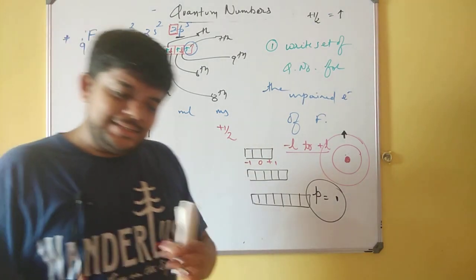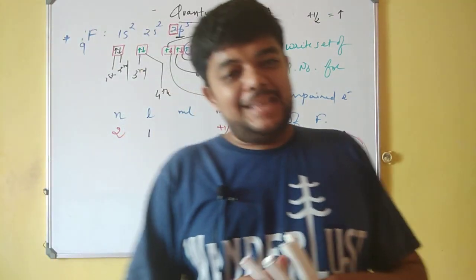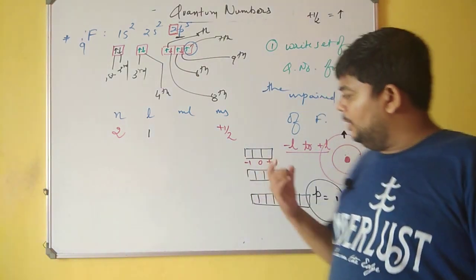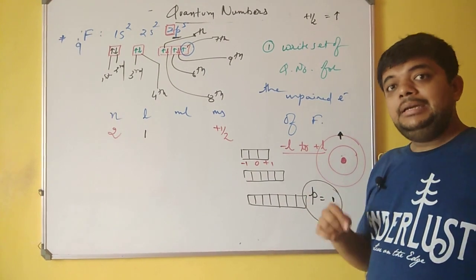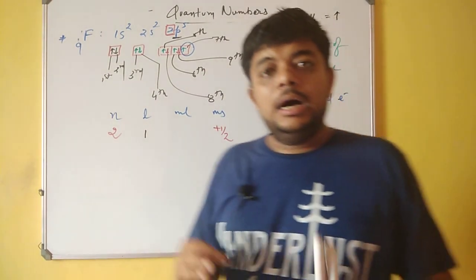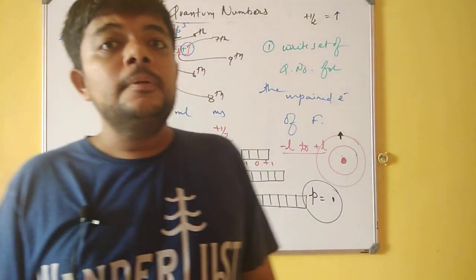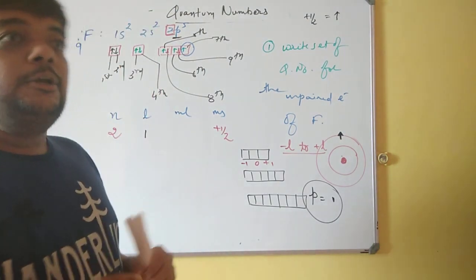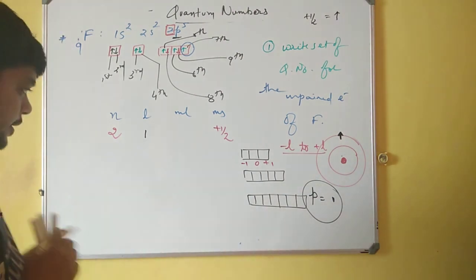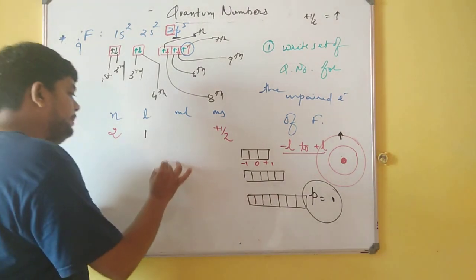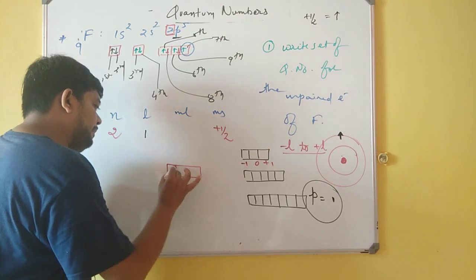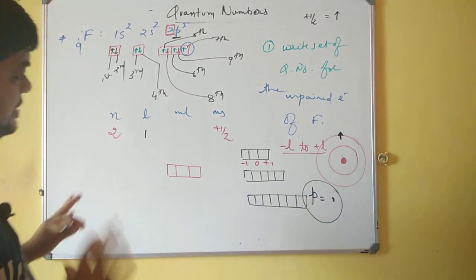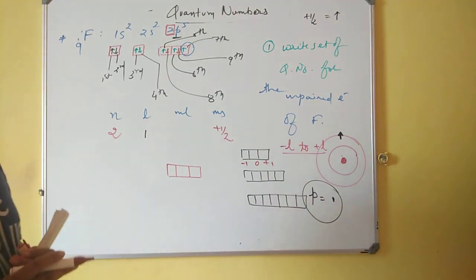Now I will just take a minute in between, as I got a question yesterday: sir, are all these 3 orbitals in a suborbit equal? Please explain. I will explain it in 2 different ways. Generally, when you write them or draw them like this, definitely it seems they have equal energy.